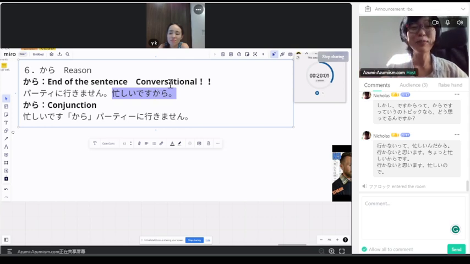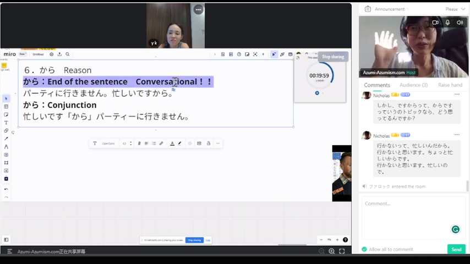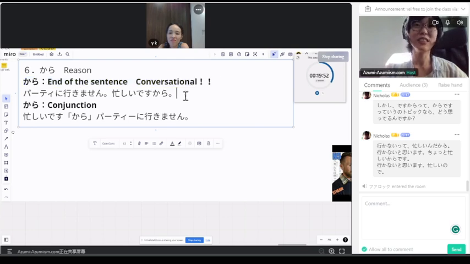But it only happens in conversation. So you have to remember this is a conversational usage. It's definitely so. This is wrong if you write this sentence in an essay; the teacher will definitely correct it. Or even this part is omitted.